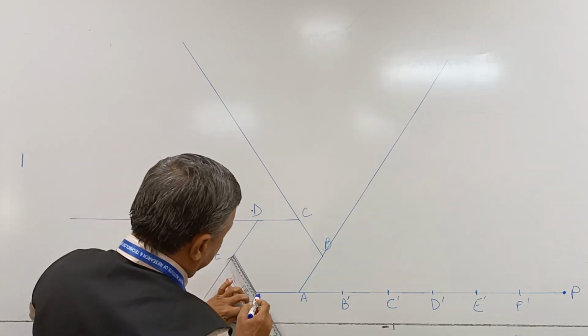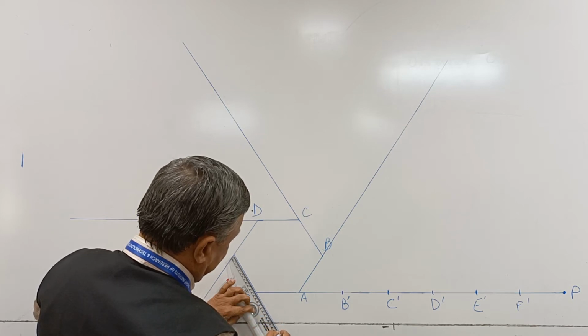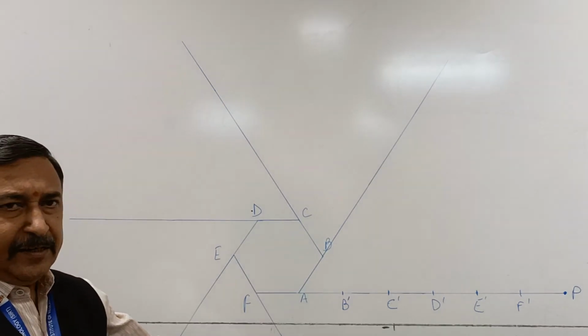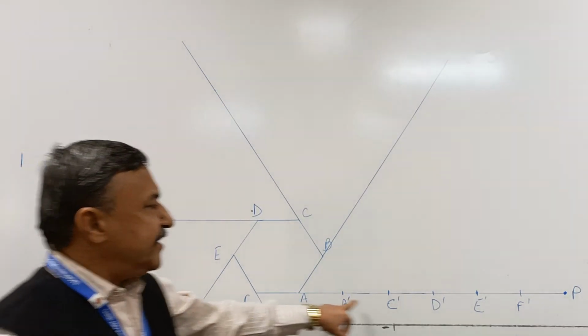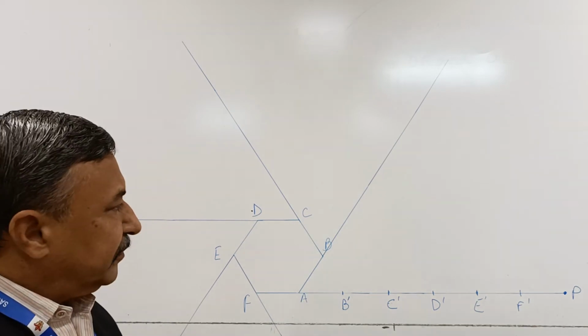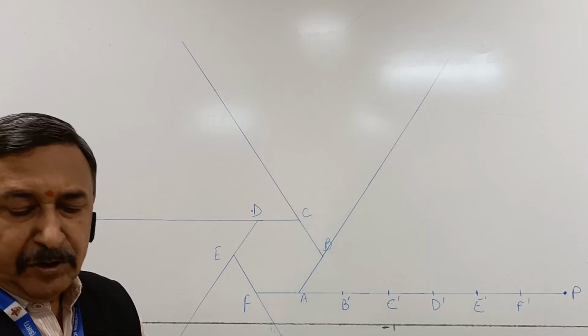EF. The last line. EF is our last line because FA extension is this. Okay. Now I am going to draw the involute.